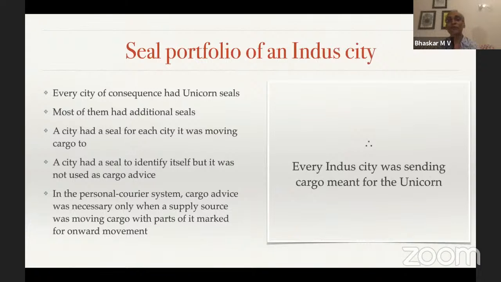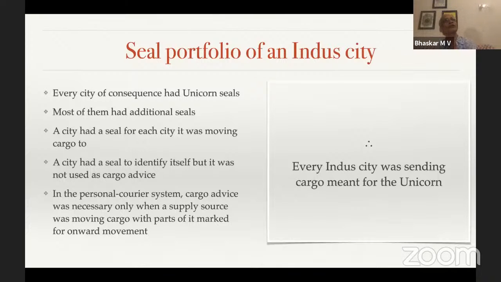So this brings us to the seal portfolio of an Indus city. What kind of seals did an Indus city make? Every city of consequence in Indus had unicorn seals, or they made unicorn seals. They had the workshops that made unicorn seals out of steatite, which in common language is soapstone, but it is not exactly soapstone.